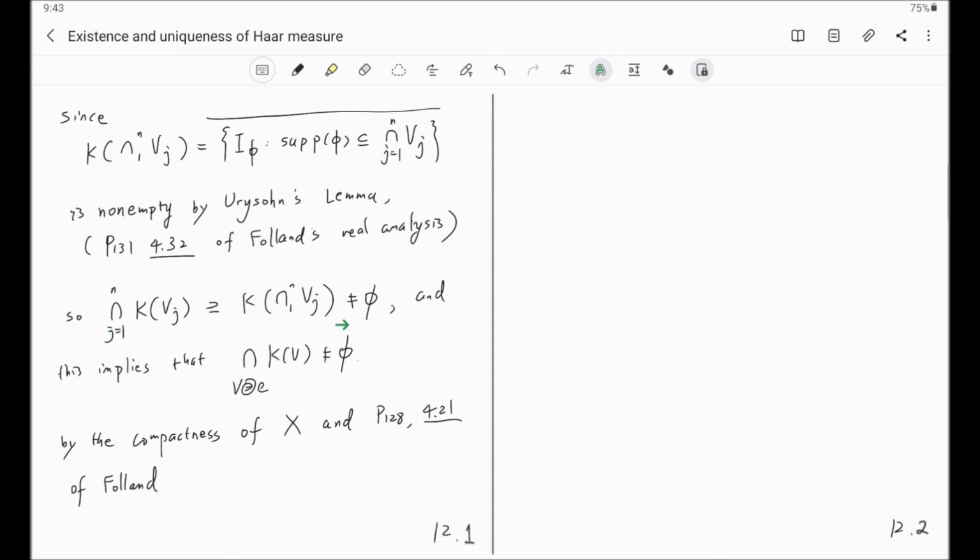So non-empty finite intersections imply the non-empty infinite intersection in the compact space.